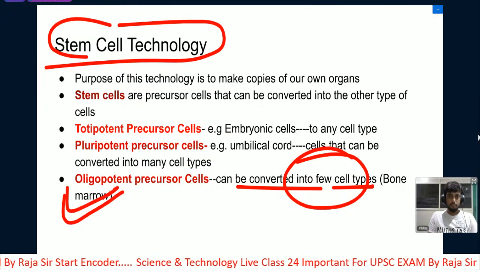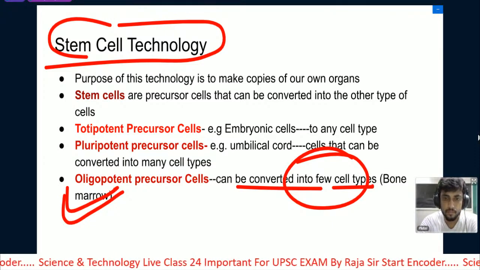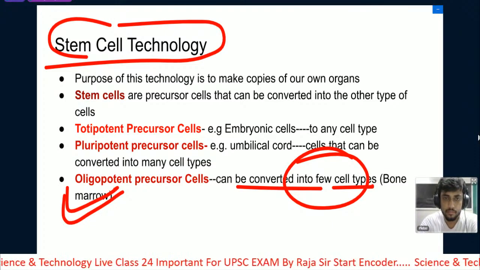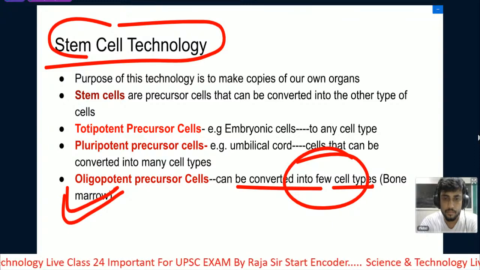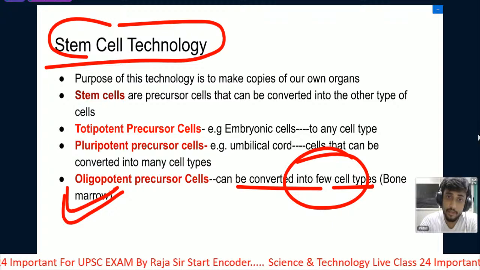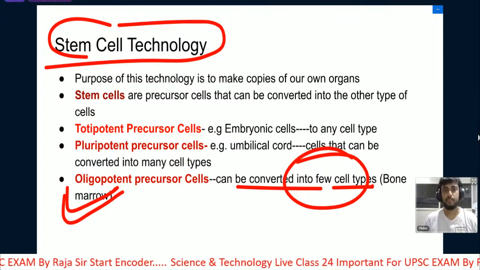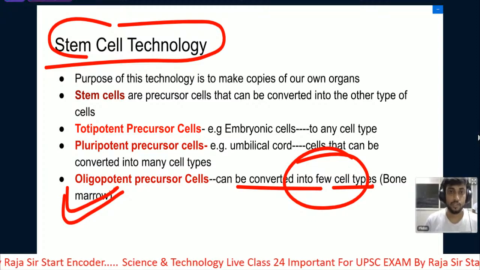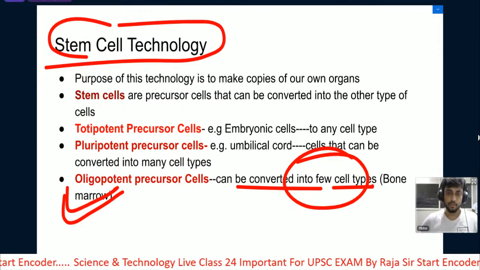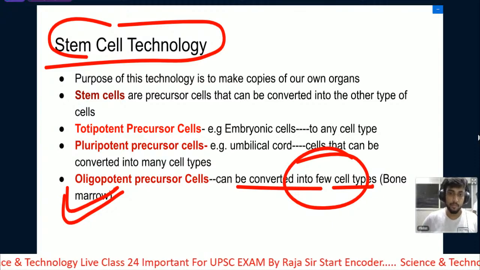Sir, in this technology, these cells are introduced in a similar cell environment, and they start producing. That is the domain of strict biotechnology. Only a biotechnologist can give an answer to this question, how they are doing it. But what is the stem cell technology? That I have told you.